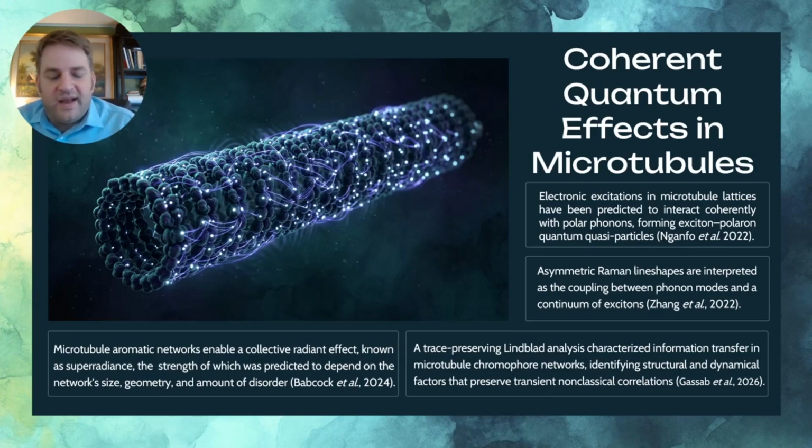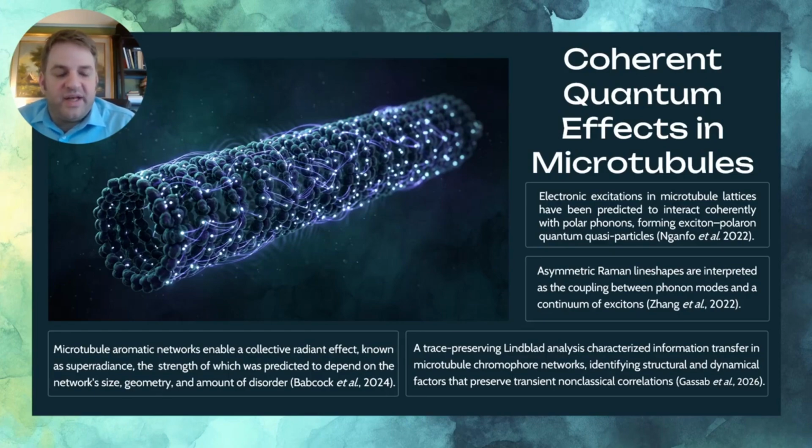control. As once again in my own work, microtubule aromatic networks enable a collective radiant effect known as superradiance, the strength of which was predicted to depend on the network's size, geometry, and the amount of disorder. So this again gives us a potential means of forming an interaction between the state of light, the superradiant interaction, or even superabsorbent interaction between the microtubule and the field of light.